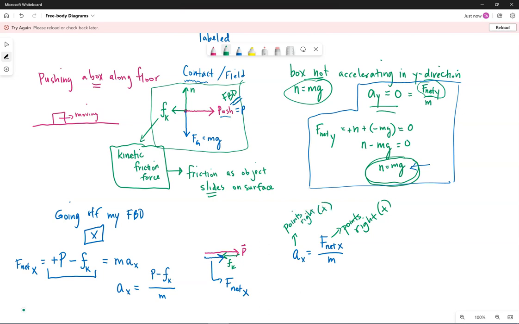It will be in the positive direction. So this box is not only moving to the right, it's going to be speeding up, going faster and faster to the right. Because remember, if the velocity of an object and its acceleration are in the same direction, the object speeds up.